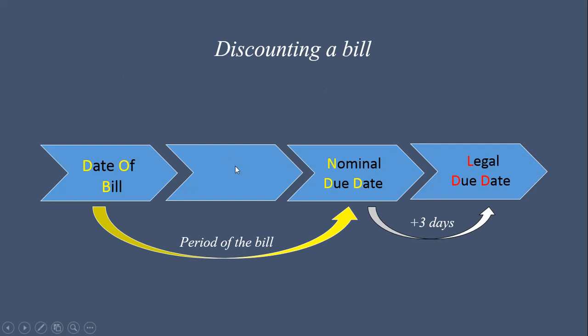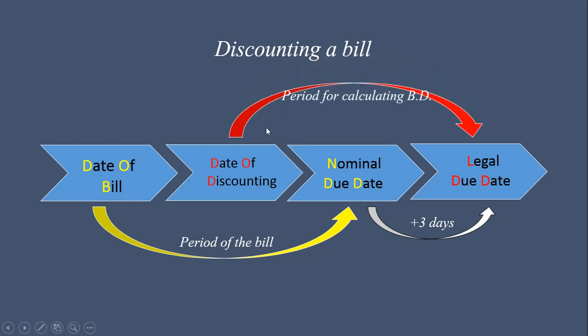The date at which the bill is discounted is known as date of discounting. But bank will not give him the amount which is on the bill, that is face value of the bill, but bank will discount or deduct interest on that face value for the period from date of discounting to legal due date.